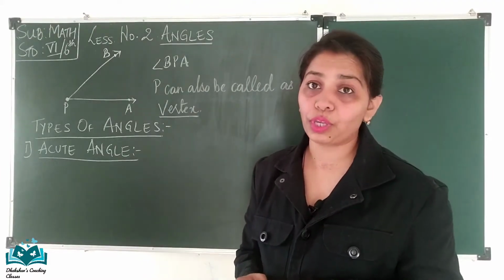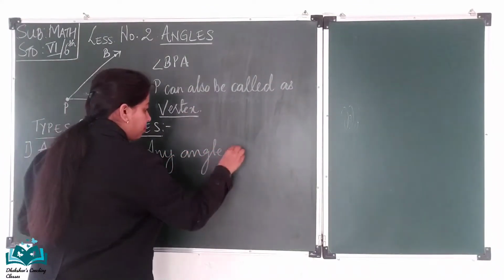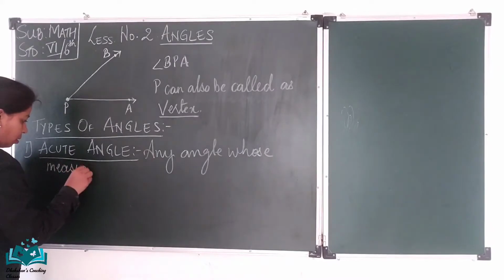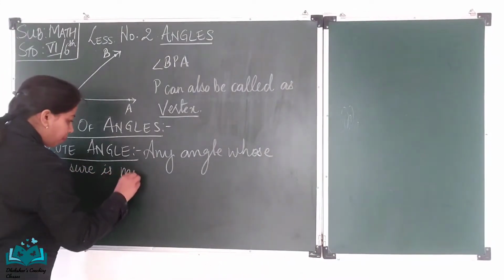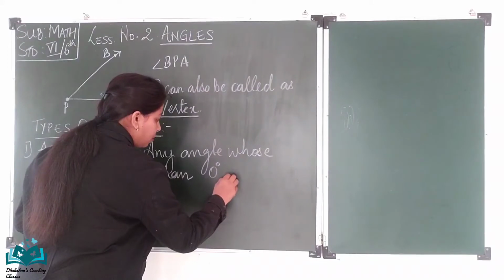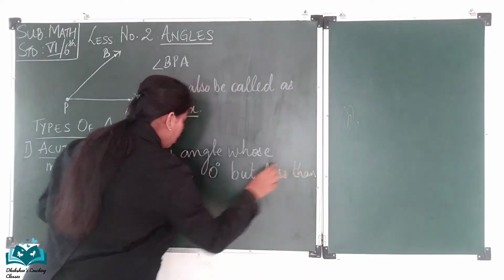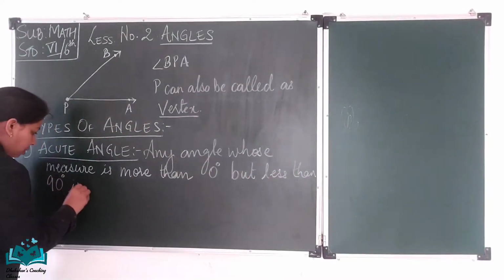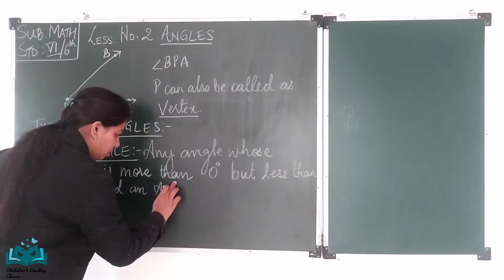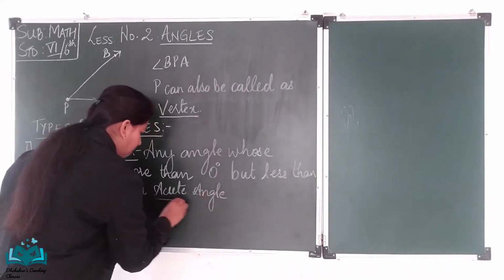So let us write down the definition for acute angle. Any angle whose measure is more than 0 but less than 90 degree is called an acute angle.